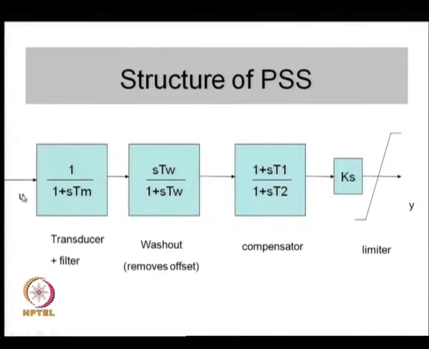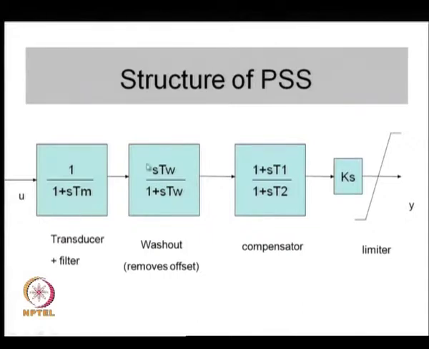The signal which you use is usually obtained via some transducer, which is also usually filtered. So, often a PSS input stage, that is the measurement stage, is modeled by a simple first order transfer function, which really represents the transducer and filter delays.